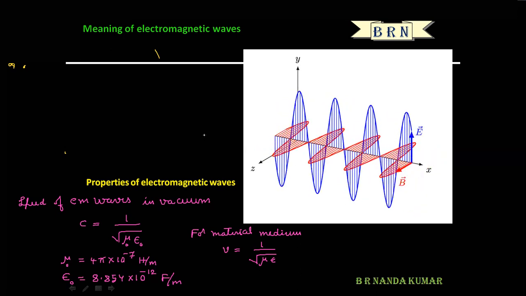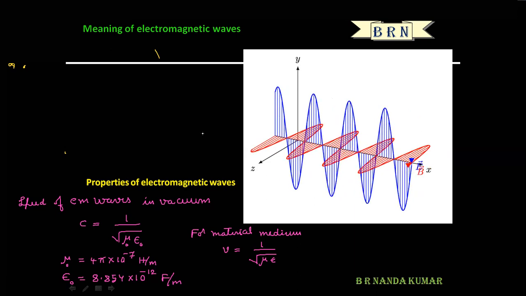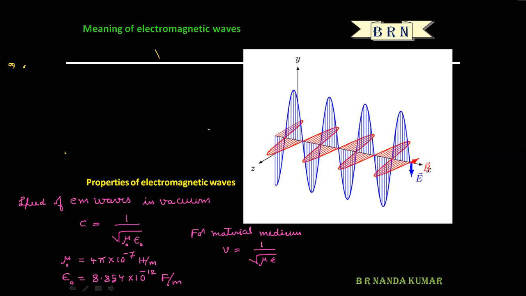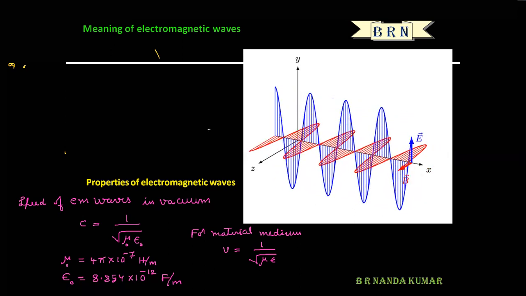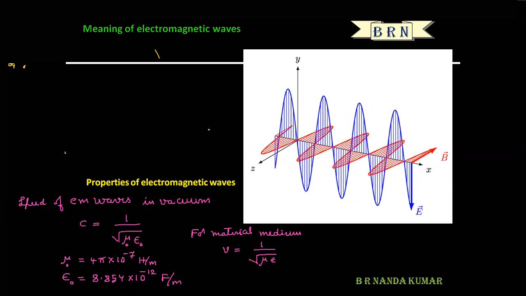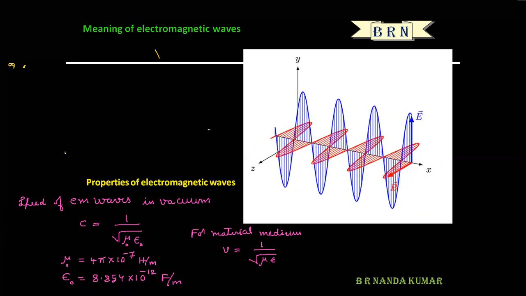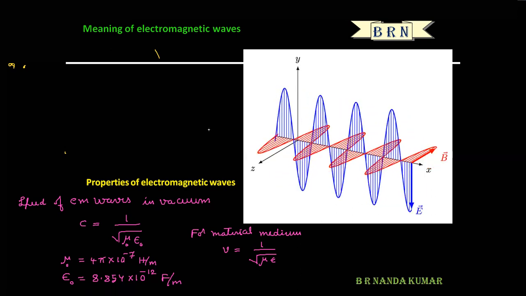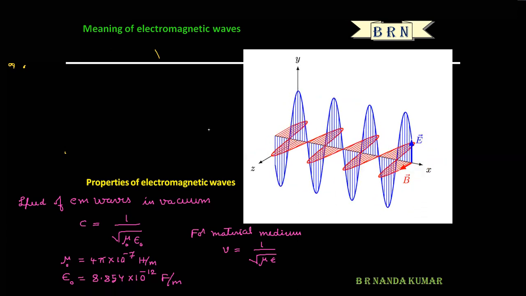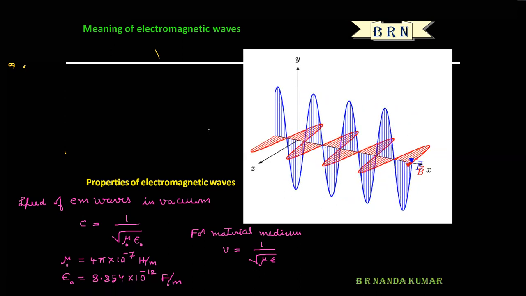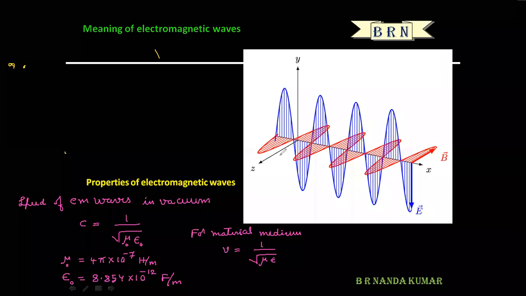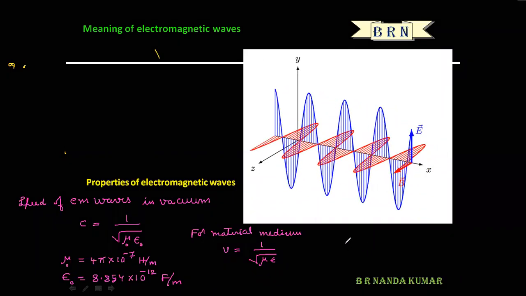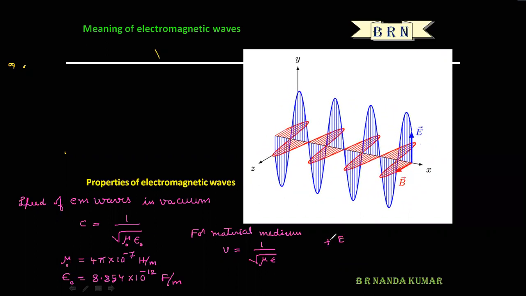Electromagnetic waves show the properties of reflection, refraction, interference, diffraction, and polarization. The electric field is responsible for the optical effects of electromagnetic waves.